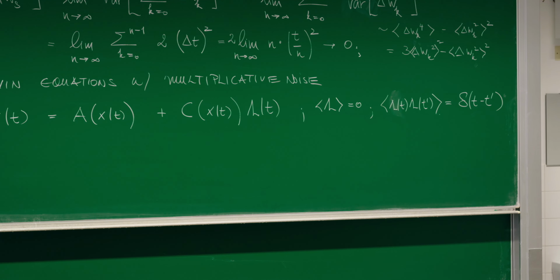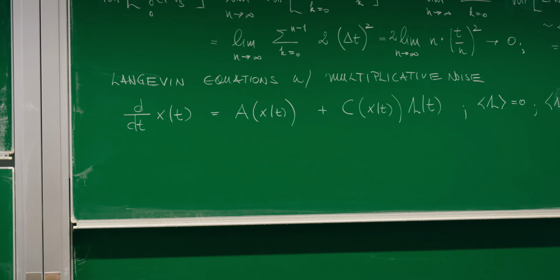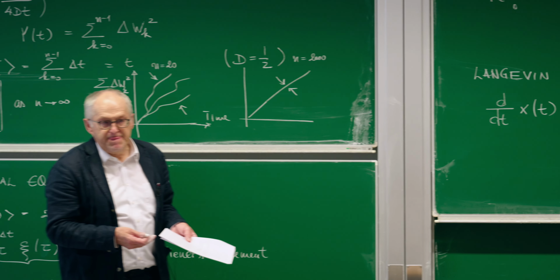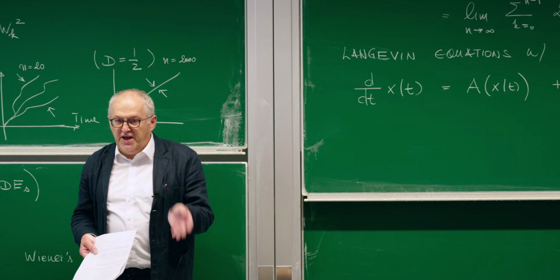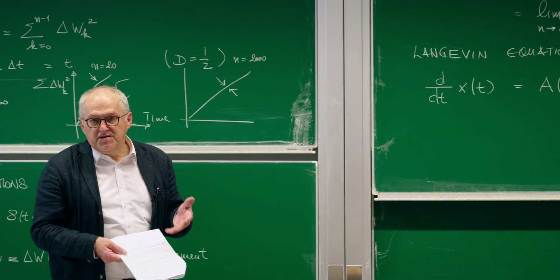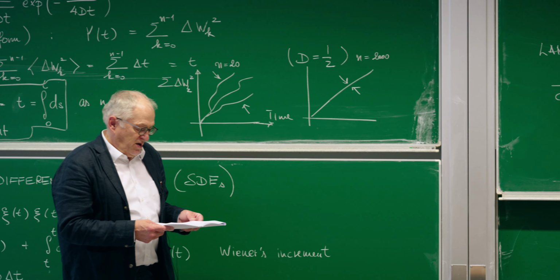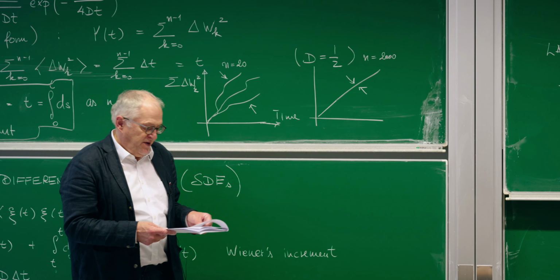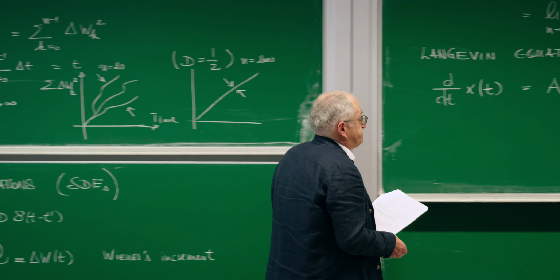That means I still have Gaussian white noise, but the amplitude has a dependence on configurations. This appears in finance, in population dynamics, and quite in general in all kinds of problems where you couple the noise to the population itself, and that's quite a standard case.